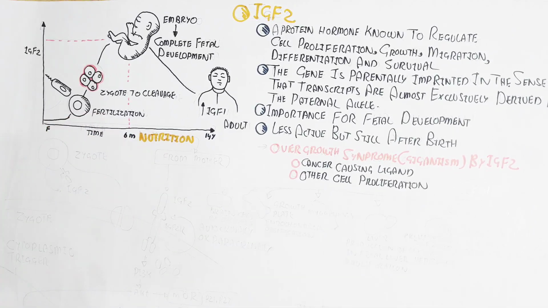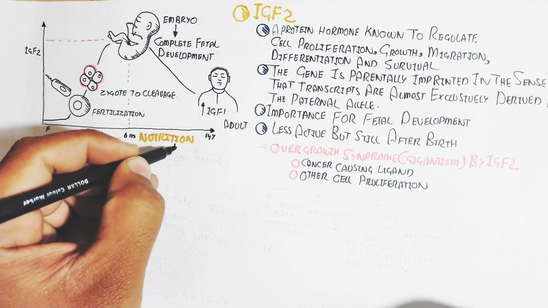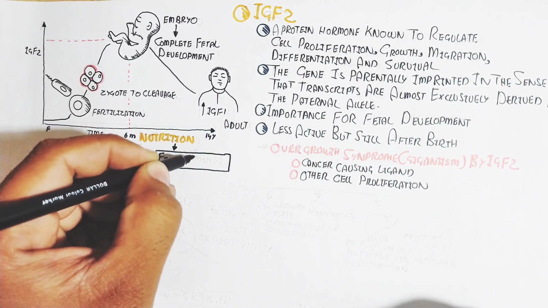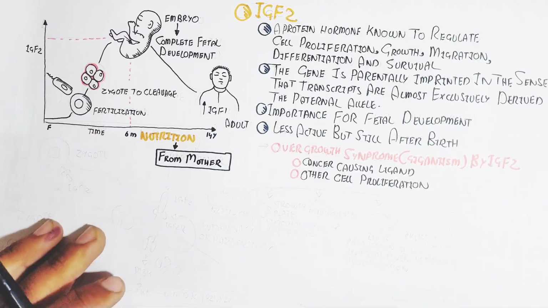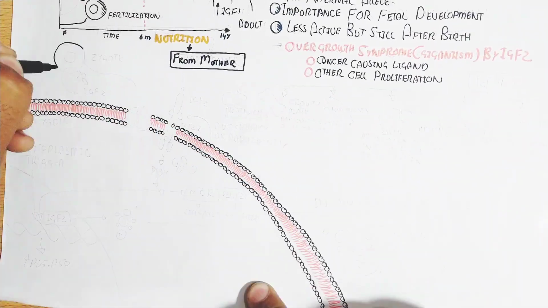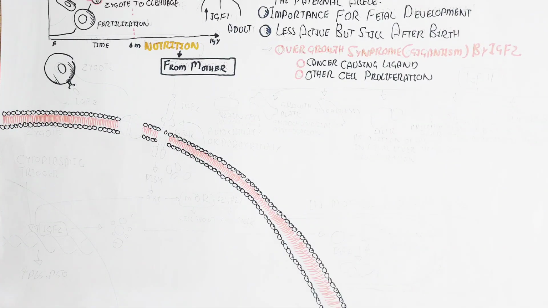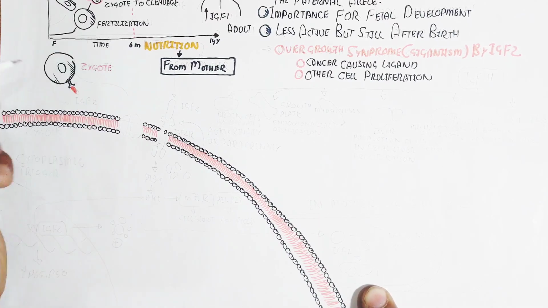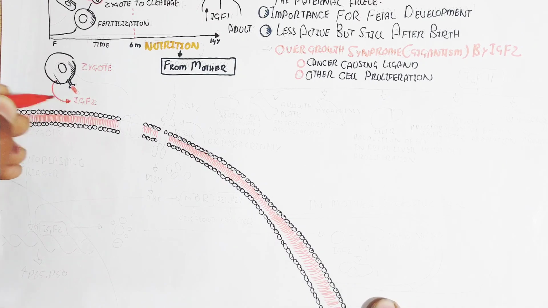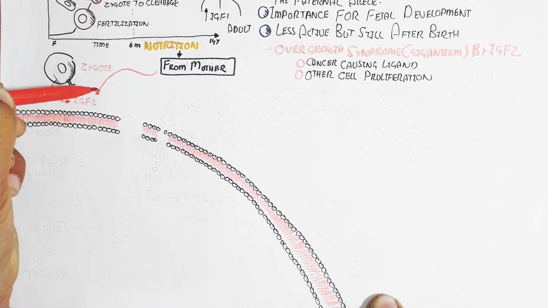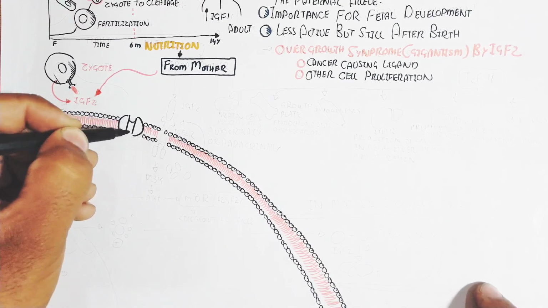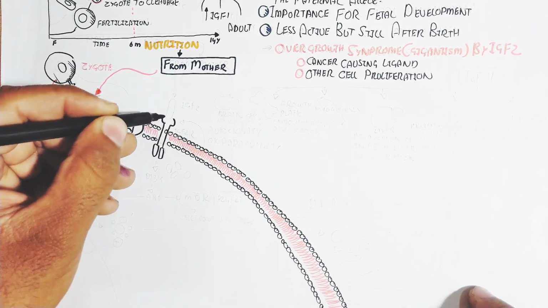Let's understand the whole picture to understand the pattern. Nutrition increases the IGF2 from the mother. More good nutrition and more healthy, vitamin-containing food will increase the IGF2 from the mother. IGF2 also works paracrinally whenever the fetus develops.